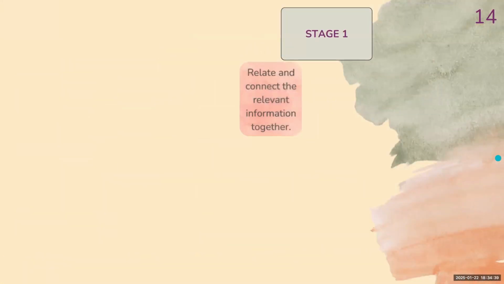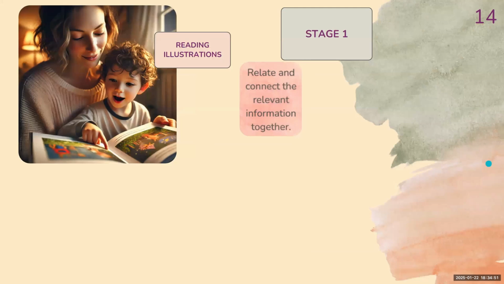And to see all these activities a bit closer, we'll start with stage 1, and I will present how these activities work. So as I said, at stage 1, children read illustrations. Illustrations, if they are good, are like structured text for a child, where a lot of information is entwined into different messages.